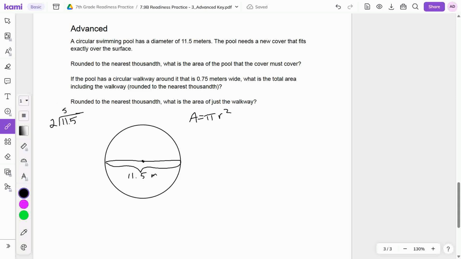It's going to be 5.75. So that's going to equal, let's once again use 3.14 times 5.75 squared.